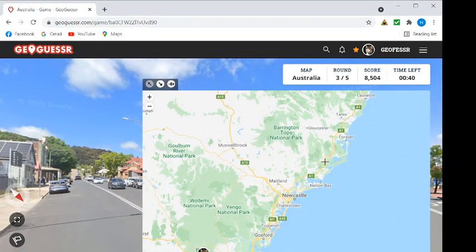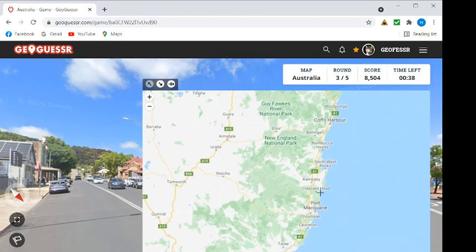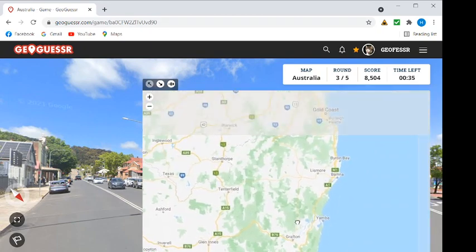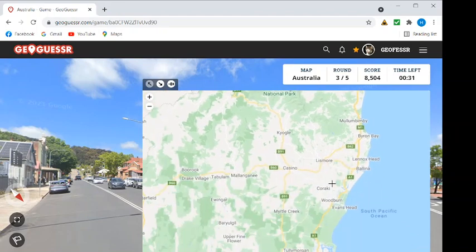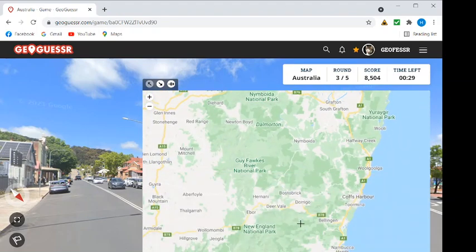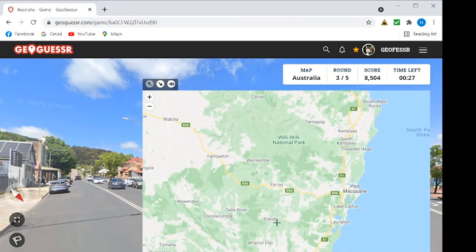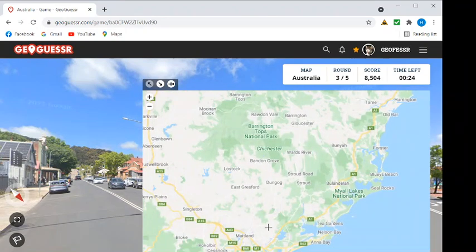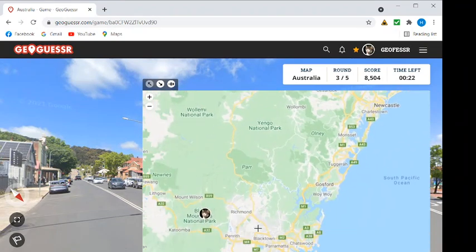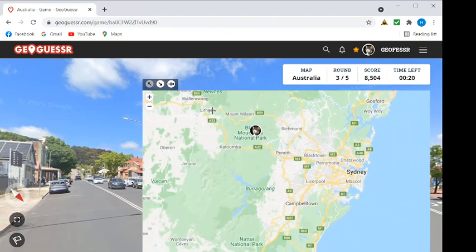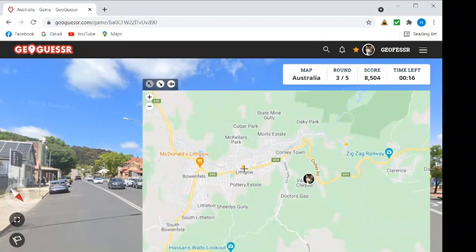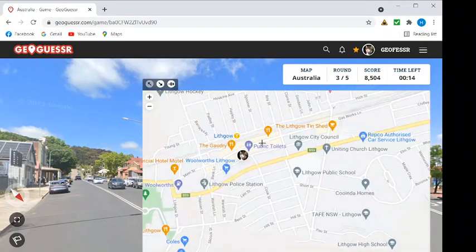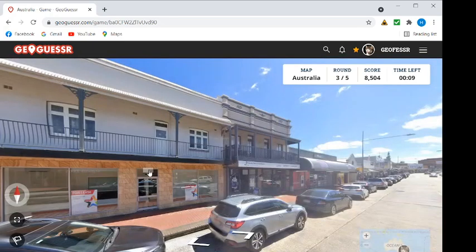There's hills here which indicate that it's probably near the coast, right? That these forests here cover the. Okay, so where's Lithgow? There's Lithgow. Okay, Blue Mountains area, right? So I'm gonna go right on Main Street here. Return to start.